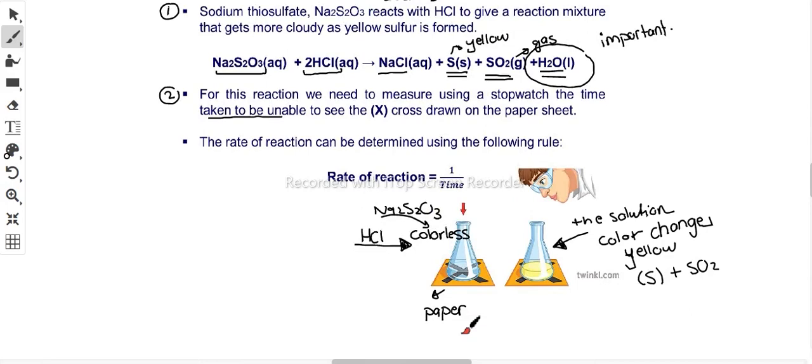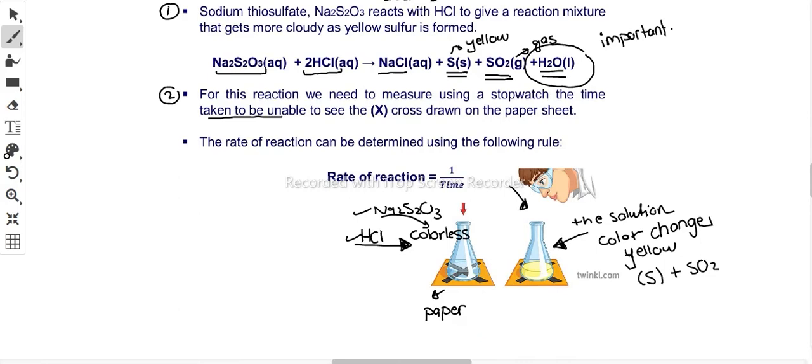I'm going to add both liquids together, HCl and sodium thiosulfate. Immediately I will open up my stopwatch and I will wait. I will look at the container above, and when I'm not able to see the x-cross, this is an indication that the chemical reaction is ended. So you need to stop this stopwatch.